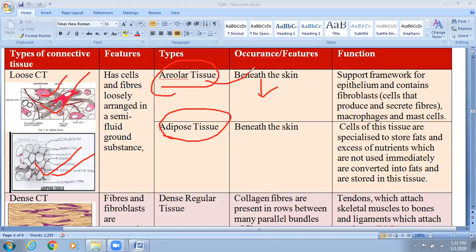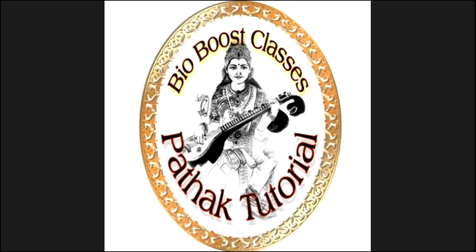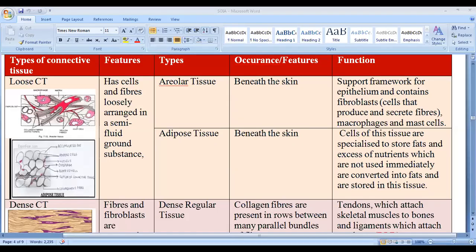First, if we look at areolar tissue, what is its basic function? It supports the framework for epithelium, and it contains fibroblasts as well as macrophages. Read this sentence: it supports the framework for epithelium and contains fibroblasts, macrophages, and mast cells.